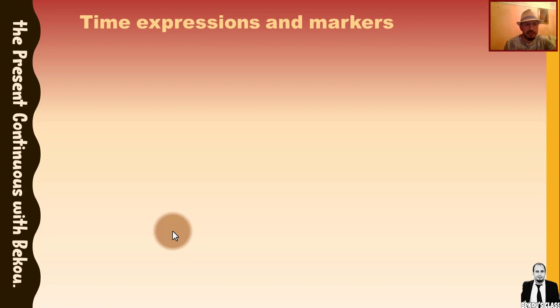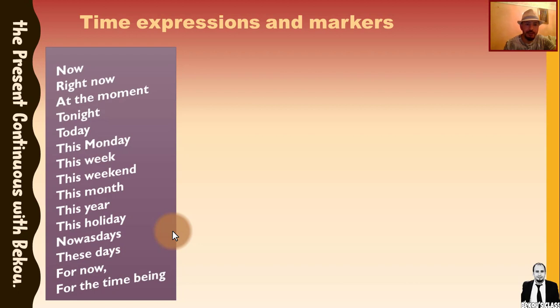We have now, right now, at the moment, or at this moment, tonight, today, this Monday, this Tuesday, this week, this weekend, this month, this year. Look at the pronunciation, how we pronounce this year, this holiday, nowadays, these days, for now, and for the time being.